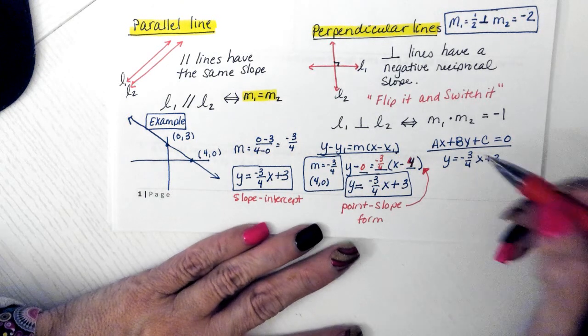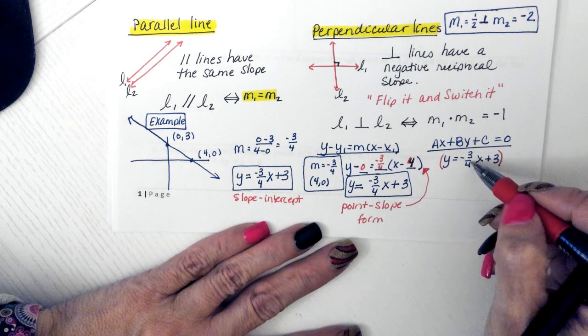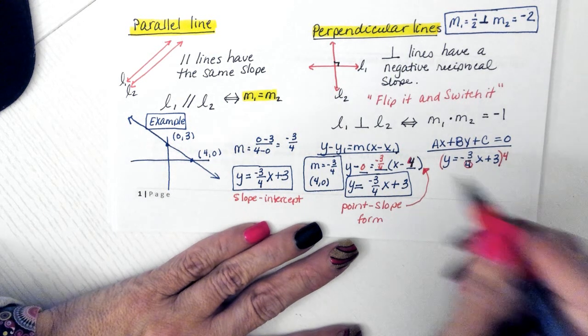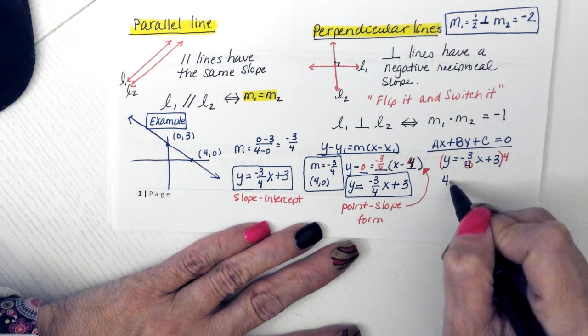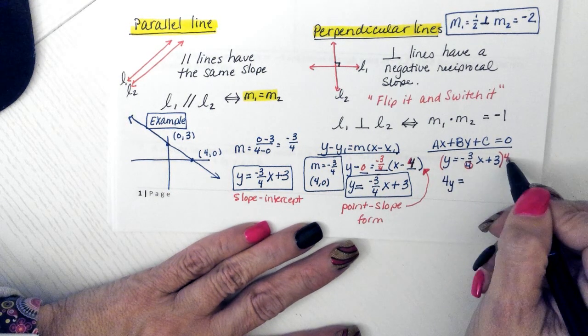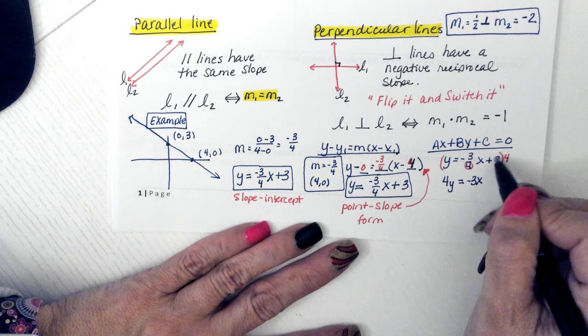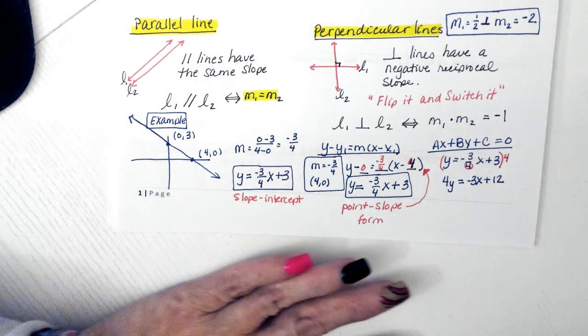In order to do that, I multiply this whole thing by whatever's on the bottom, which is 4, by every single thing, and that will get rid of the fraction. So 4 times y will be 4y. 4 times negative 3x will be negative 3x. 4 times 3 will be 12. And now, I no longer have any fractions.